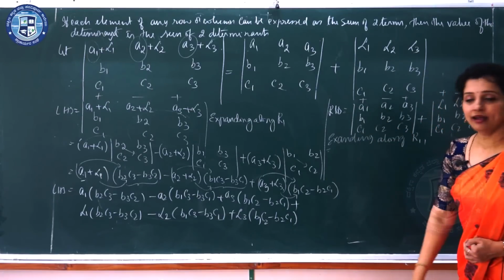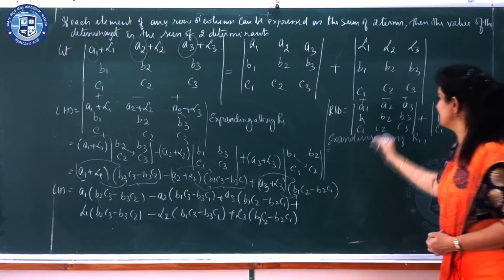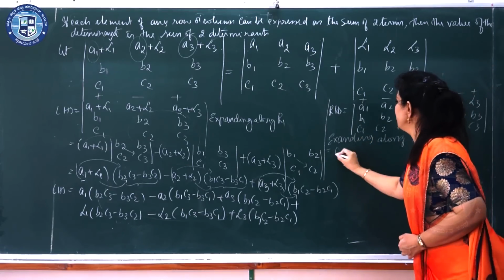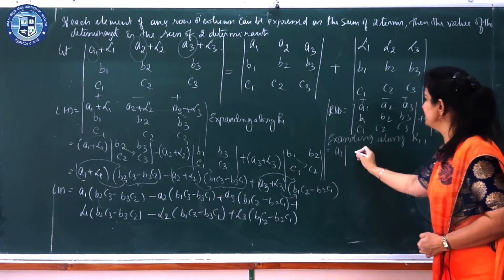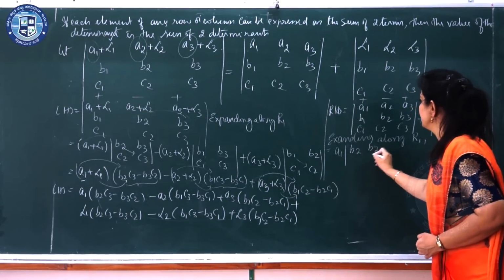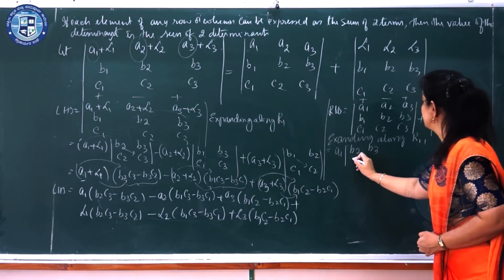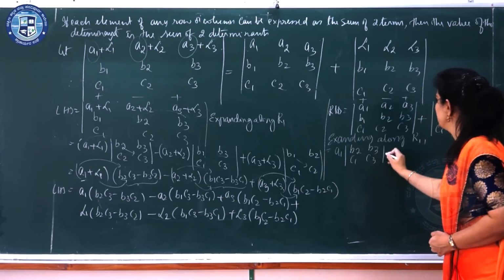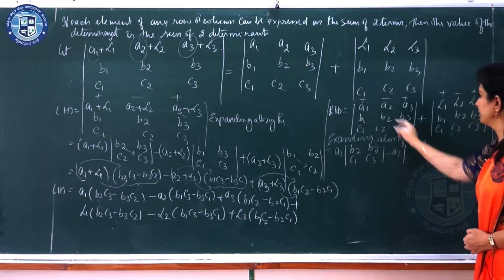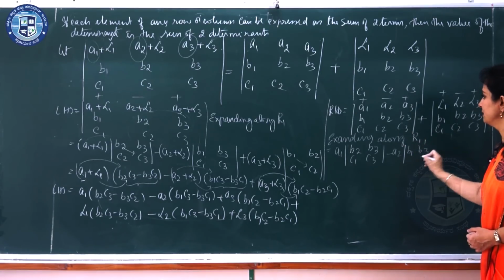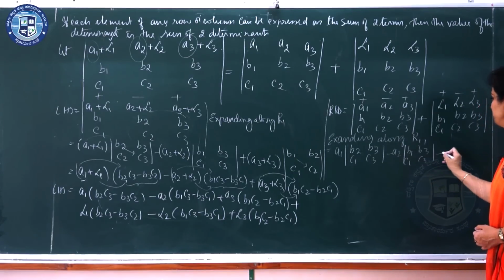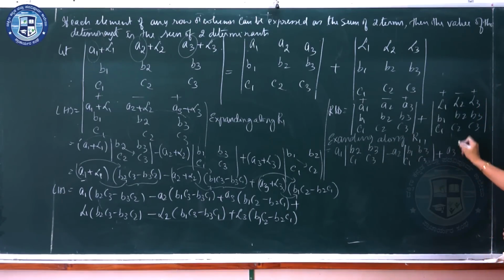Do we get the same terms as LHS? Look at this. Expanding along the first row, it is A1 into B2, B3, C1, C3, minus A2 into, delete the first row and second column, B1, B3, C1, C3, plus A3 into B1, B2, C1, C2.